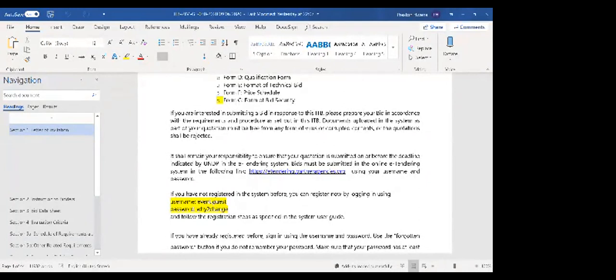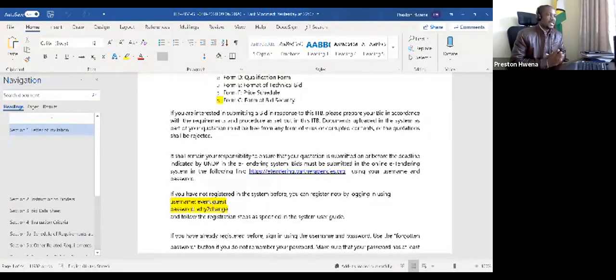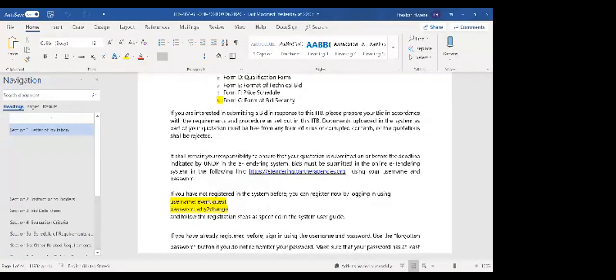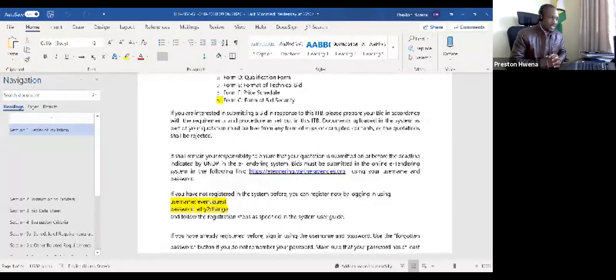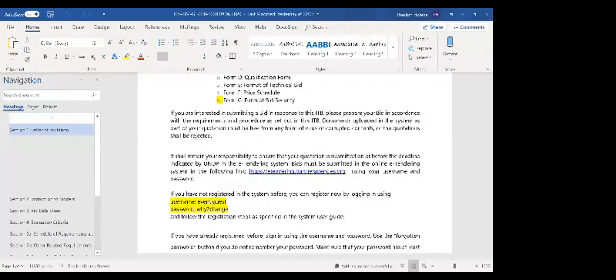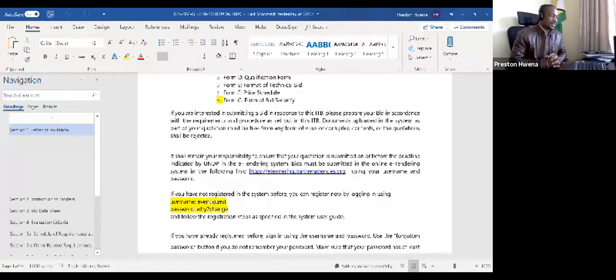And it shall remain your responsibility to ensure that your quotation is submitted on or before the deadline indicated on the e-tendering system. You find that in most cases we have bidders who always want to do things at the last minute. With this system, it will not allow any delayed submission.